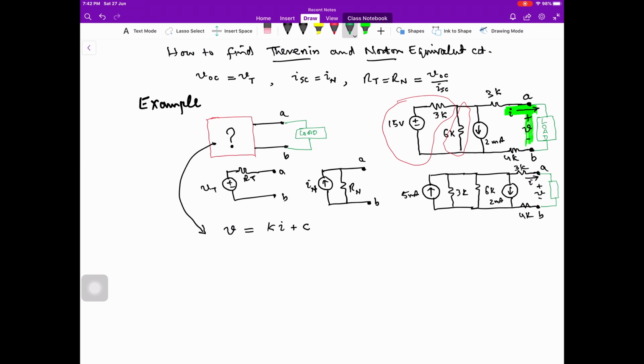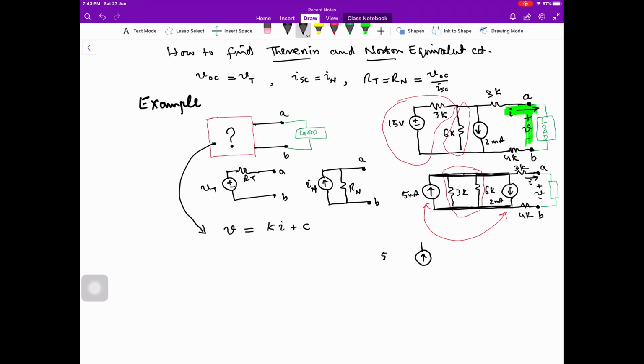Now we can further simplify it. These two resistors are in parallel, and considering these two current sources, we can combine them, since current sources are connected in parallel.